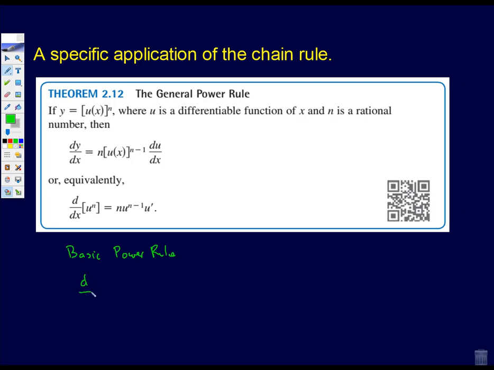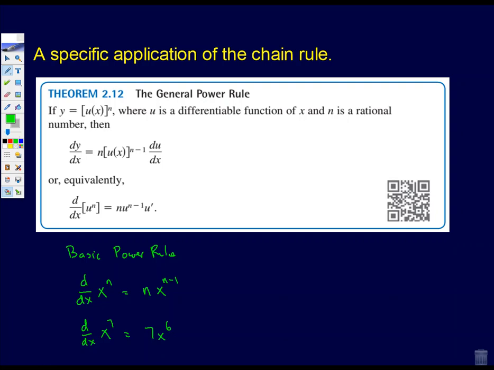That is the derivative of x to the n, such as x squared or x to the 5. We bring the power down as a coefficient, and then the power of x decreases by 1. So this would be something like this. The derivative of x to the 7 is 7x to the 6th.